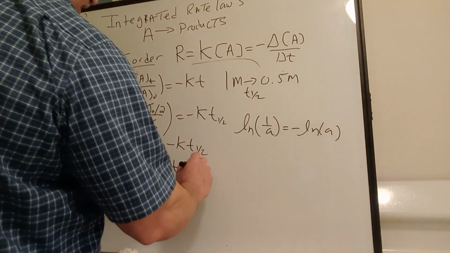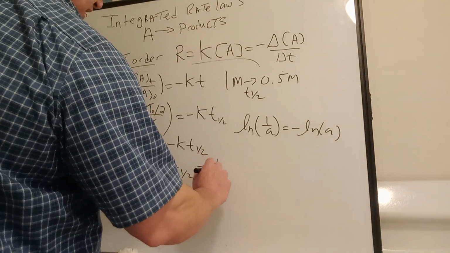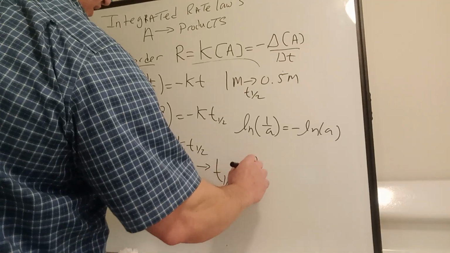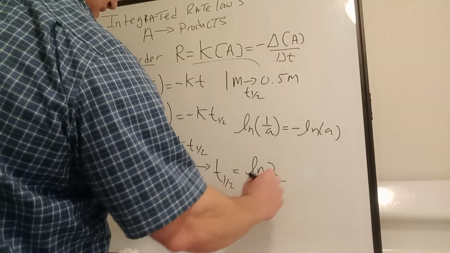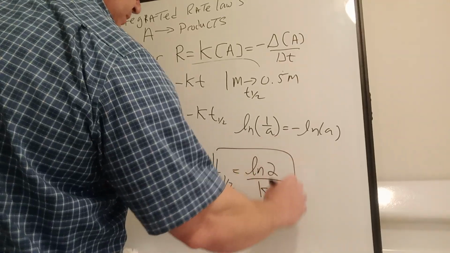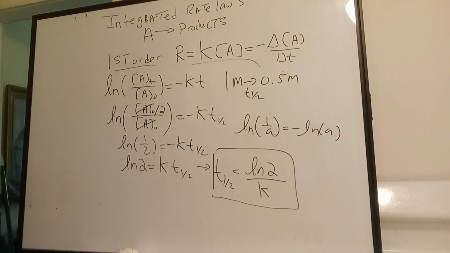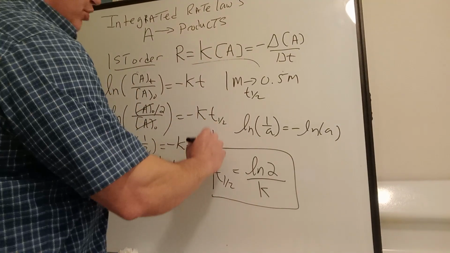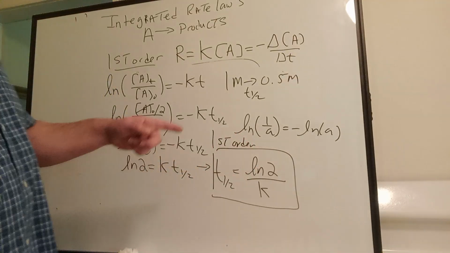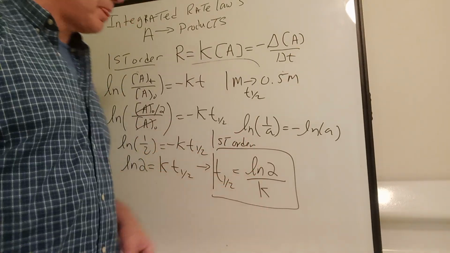So you can solve this out. The half-life for a first order process is ln of 2, which is approximately 0.693, divided by the rate constant k. What's important to note about this, for a first order process, is that it's independent of concentration.